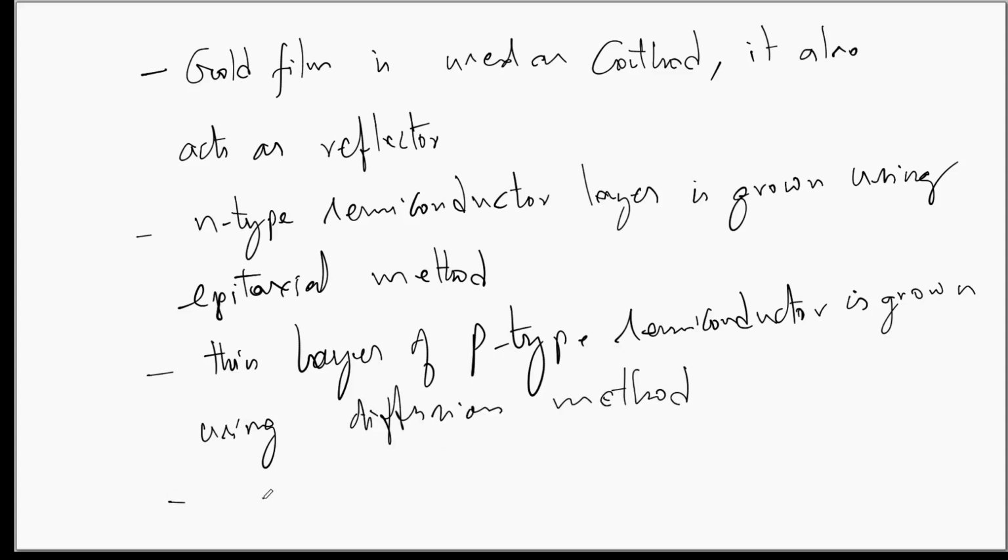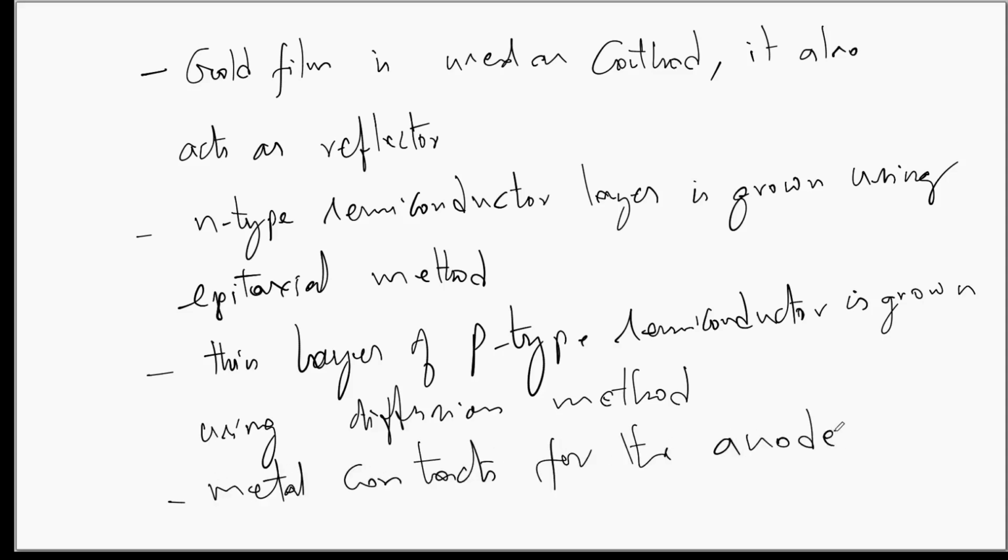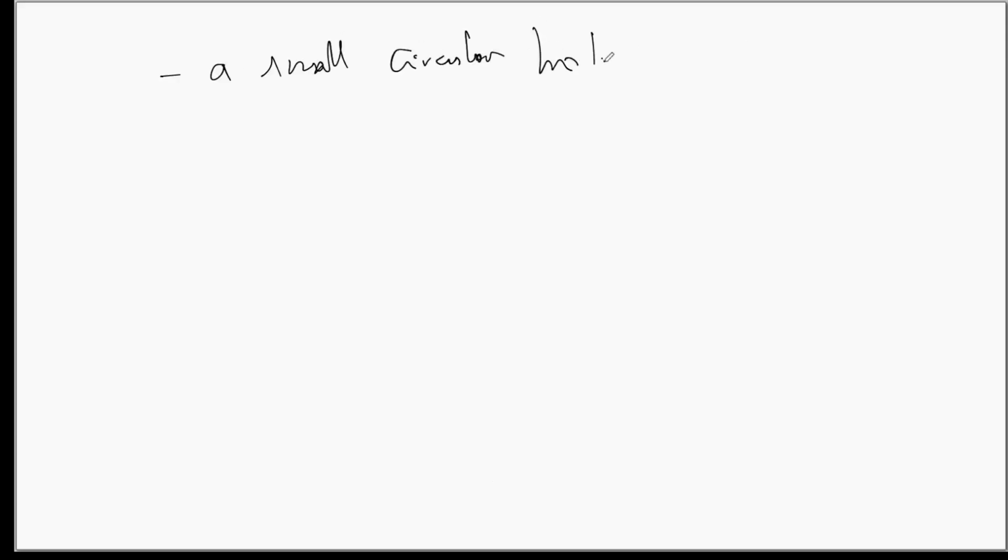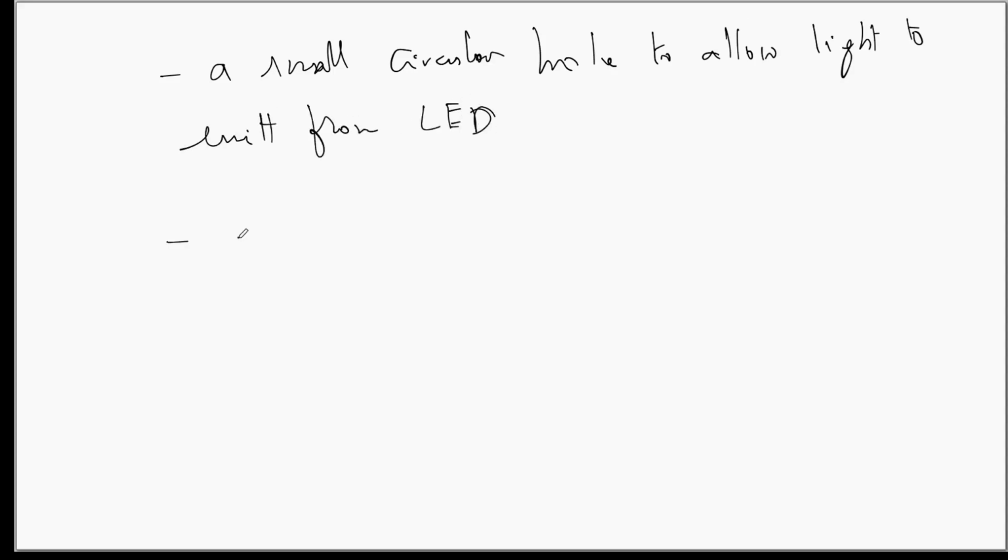Over the P-type material, you have metal contacts for the anode with a circular hole for the light to come out of the LED. The aperture or the small hole is filled with epoxy resin to prevent total internal reflections from taking place.